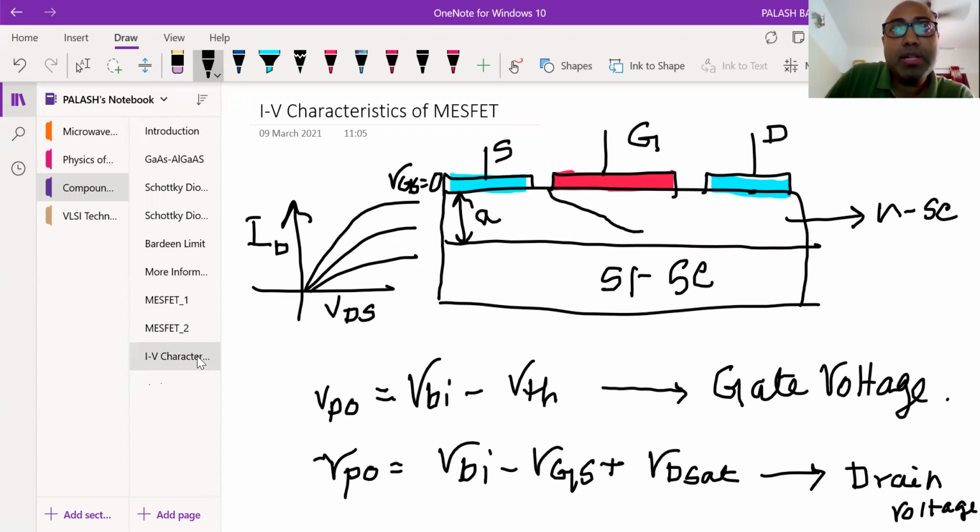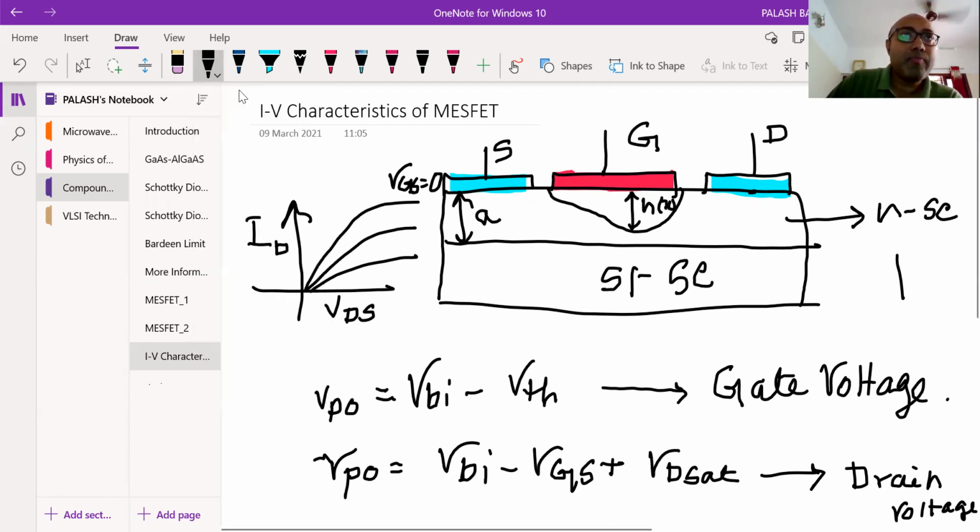Suppose this is my gate voltage. Sorry, this is my depletion region, and this is my h. Let me write it as h(x). X is variable, so why is it variable?